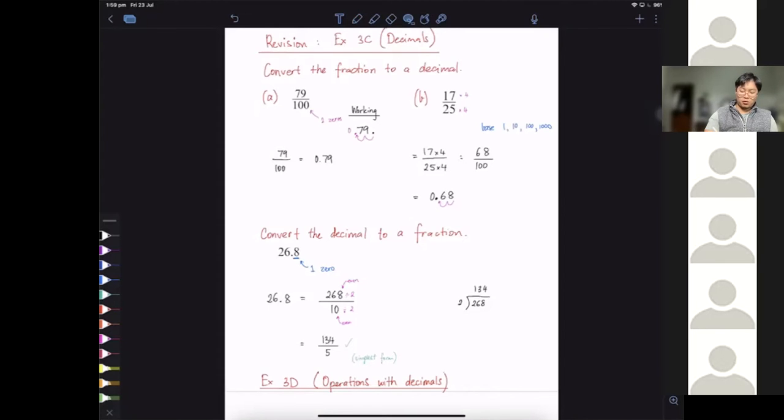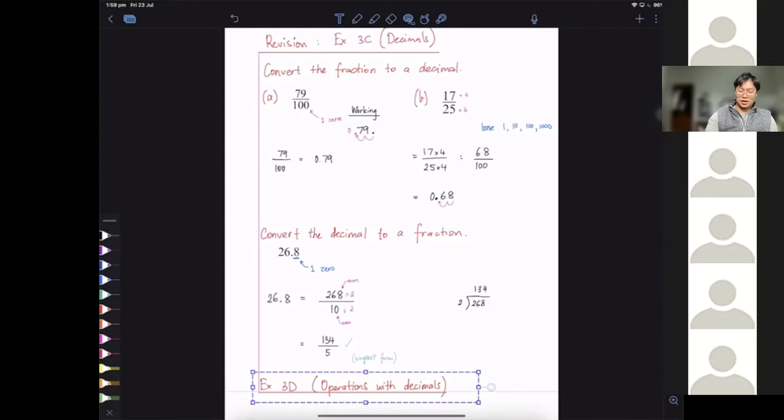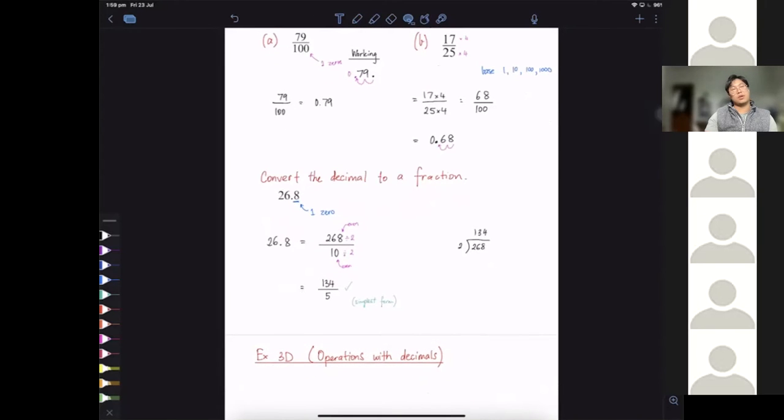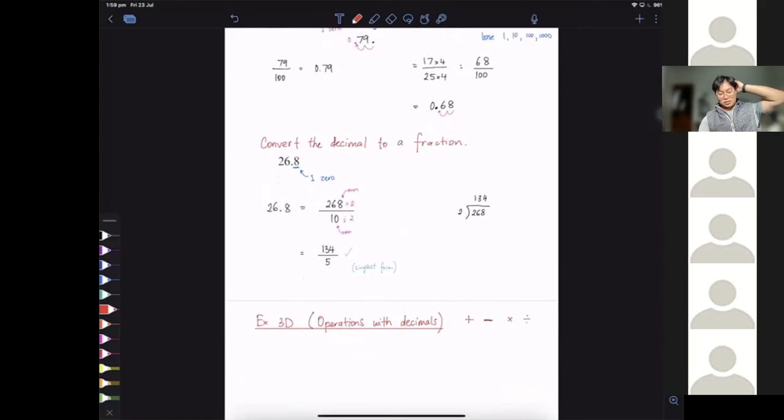So we did operations with fractions last time. Now we're going to do operations with decimals. That means we're going to add, we're going to minus, we're going to times, and we're going to divide as well.